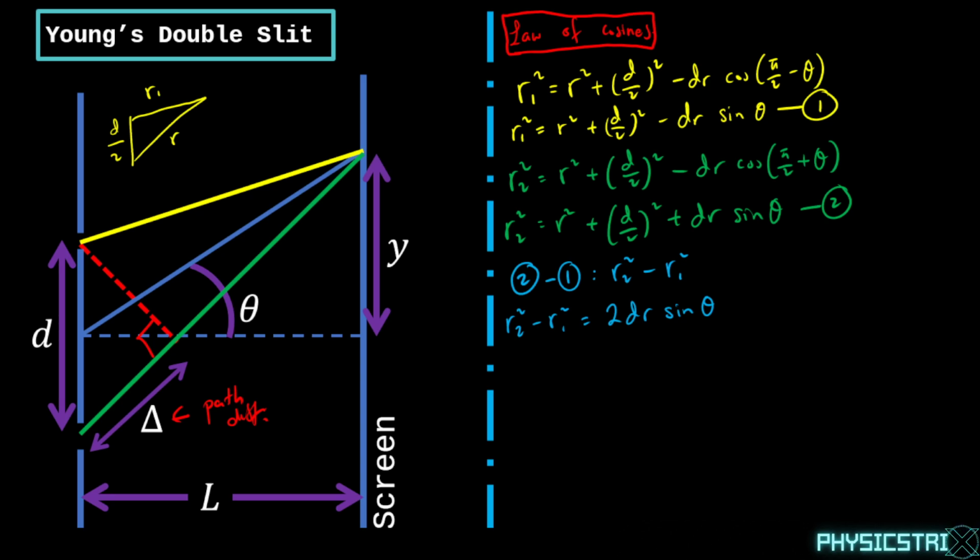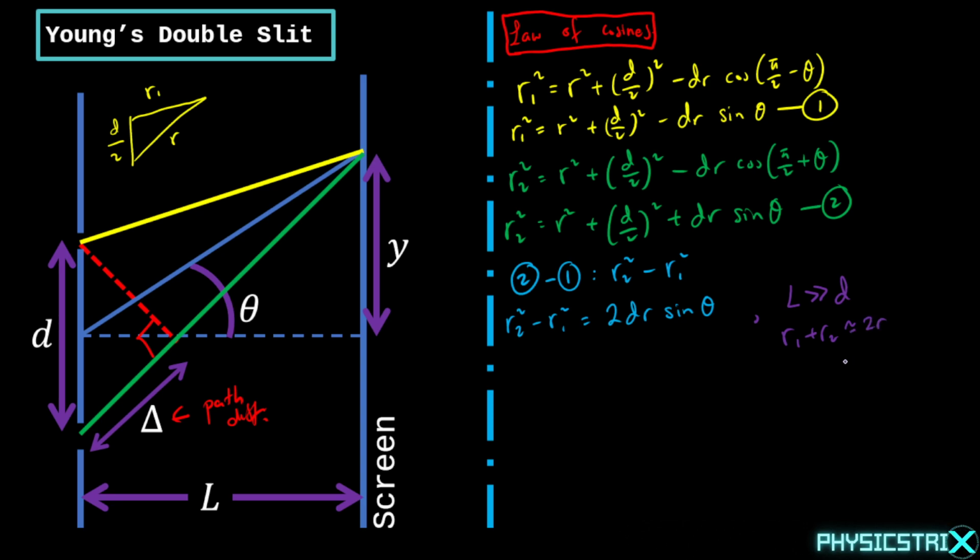At this point, what we want to do is consider limits. If my L is much bigger than d, what I will find is that R1 plus R2 is approximately 2R.